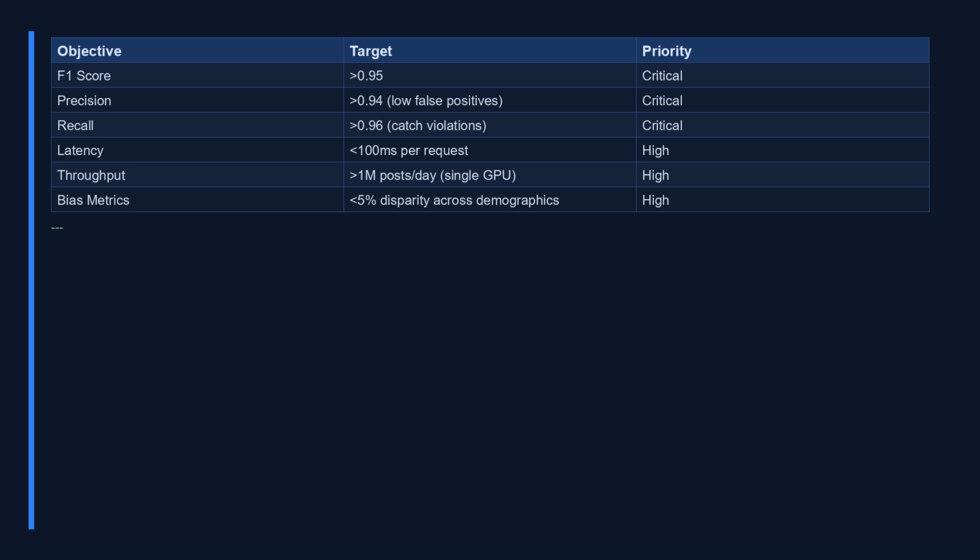On the performance side, under 100 milliseconds latency per request, over 1 million posts per day throughput on a single GPU, and critically, bias disparity across demographic groups must stay under 5%. That last metric isn't optional. A moderation system that enforces policy inconsistently across groups isn't just technically flawed, it's a liability.